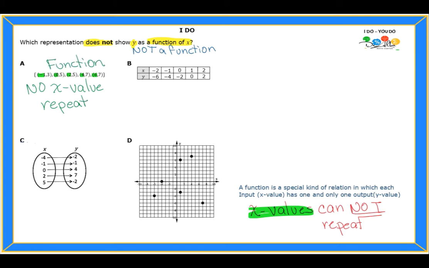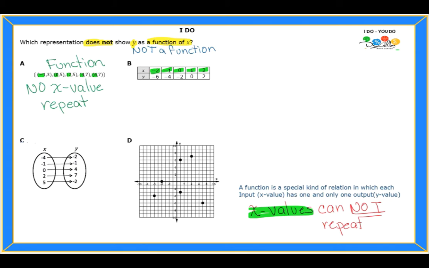But I'm looking for something that is not a function. Okay? So let's look at letter B. What about letter B? Let's look at the x values, right? That's what I'm focusing on. So my x values are -2, -1, 0, 1, and +2. Can you look at those values and answer the question? Do you see any of the x values repeating?